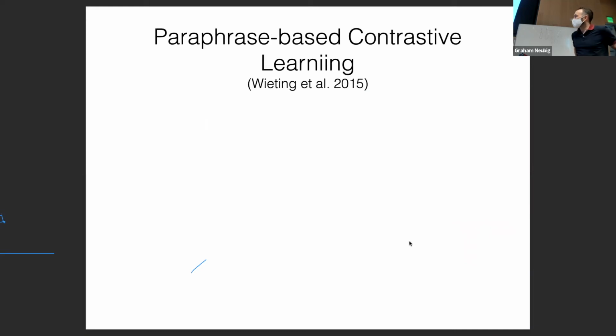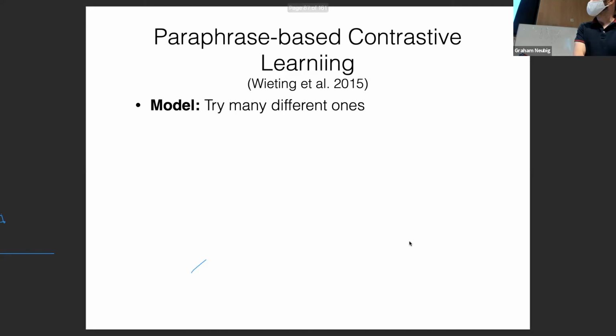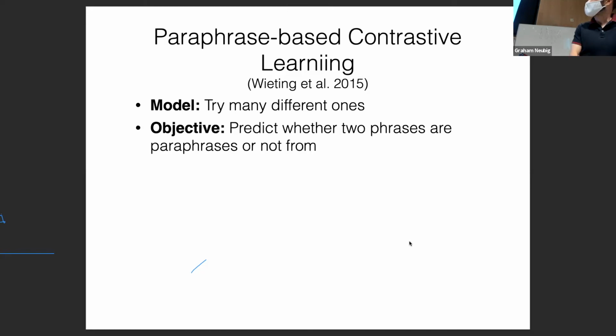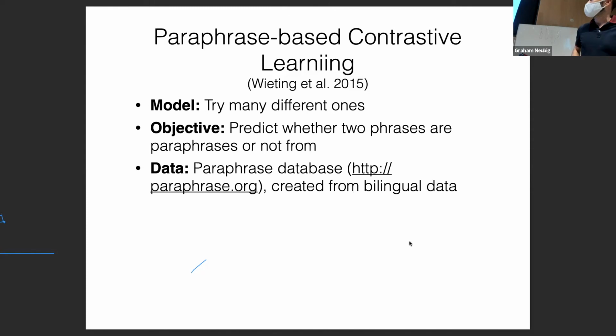Another method that is very effective at learning paraphrasing based metrics like sentence similarity is paraphrase-based contrastive learning. What I mean by this is that the objective is to predict whether two phrases are paraphrases or not, from a data source like the paraphrase database.